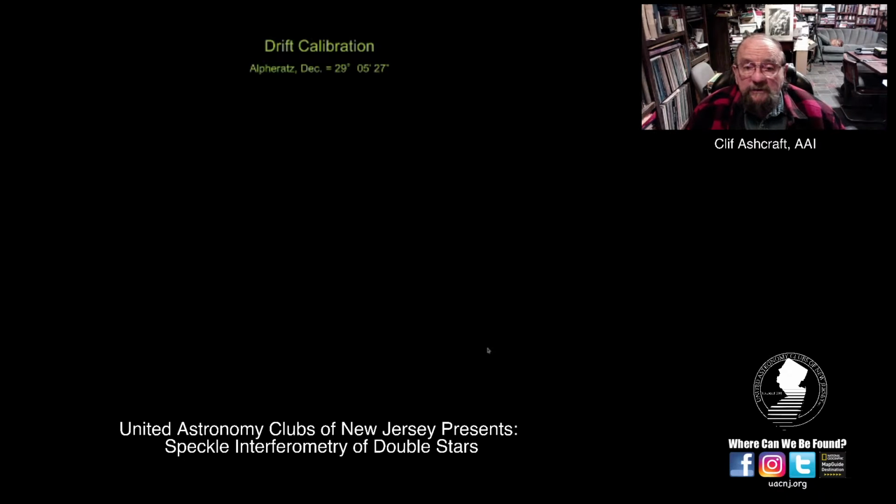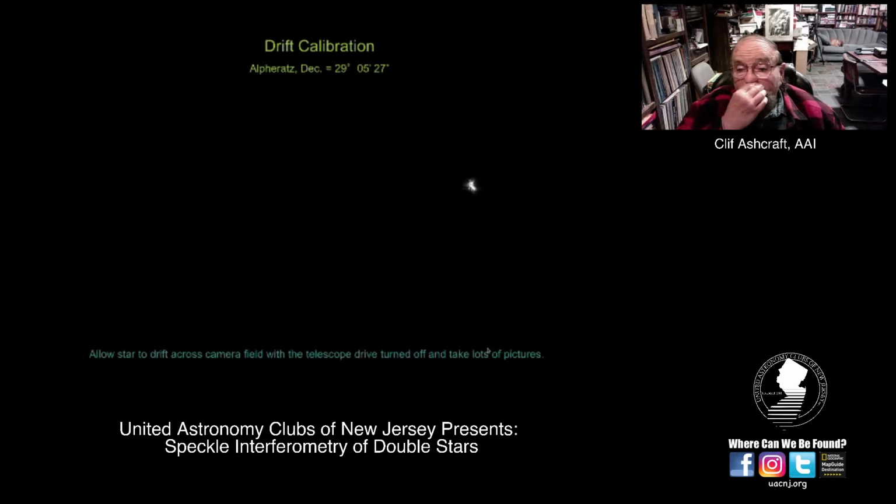What you do is you point your telescope at the star, get it on one side of your field, start imaging, taking a whole series of FITS files, and turn your drive off. And when you turn your drive off, the star begins to drift across the field.